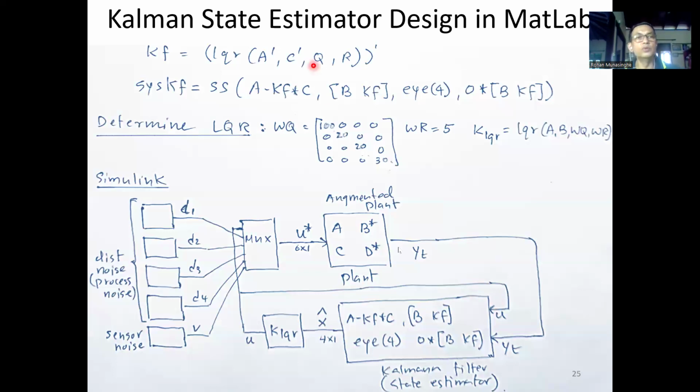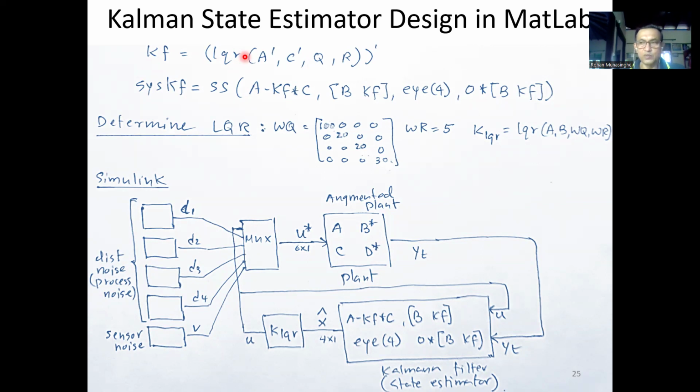Then I want to show you how you design the Kalman filter in MATLAB. It's a simple command, KF, Kalman filter. It's not the command name, you can use anything for that. KF is equal to LQR. There's this command in MATLAB, linear quadratic regulator. We'll do that later. Linear quadratic regulator is another controller like PID and compensators, but this is more optimal.